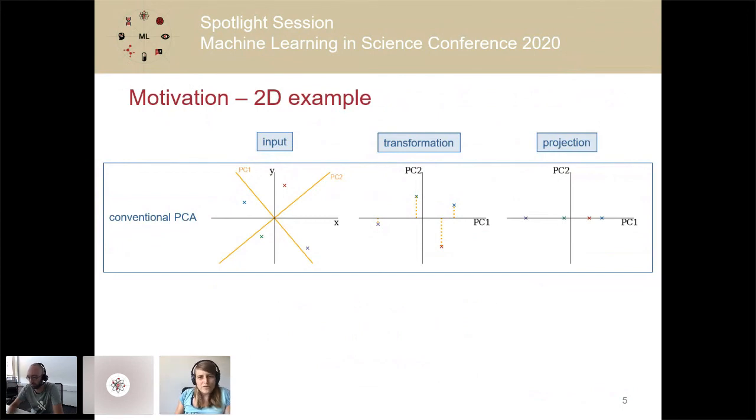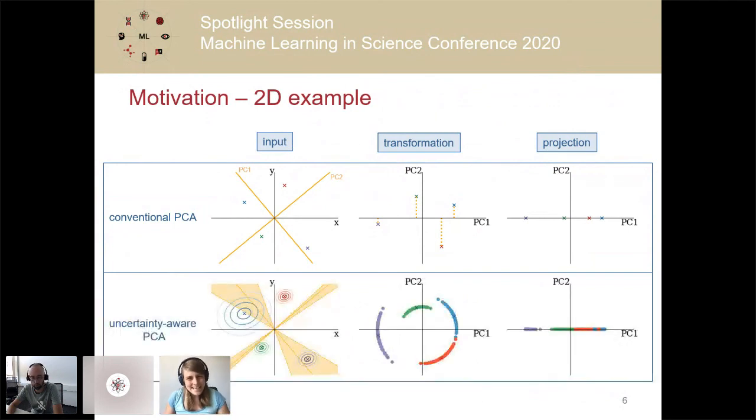One of the most famous dimensionality reduction techniques is probably principal component analysis. It finds orthogonal directions in the data that contain the largest variance, and by that being meaningful. These directions, which are also called principal components, can be found by computing an eigendecomposition of the covariance matrix of the input. And these eigenvectors then correspond to the principal components.